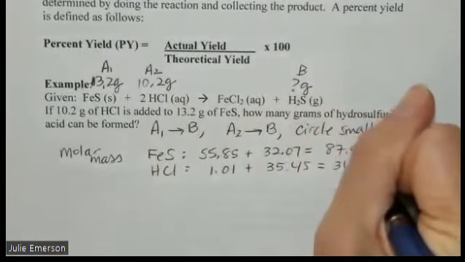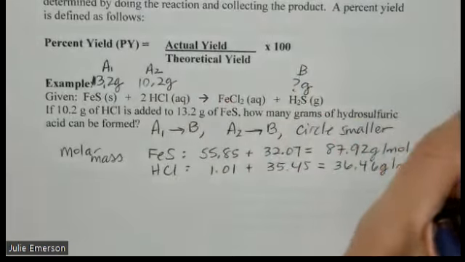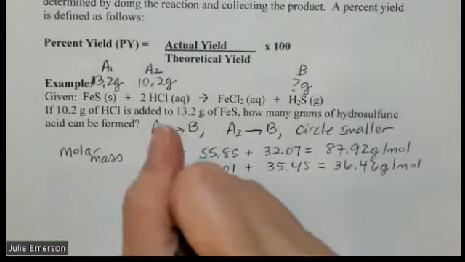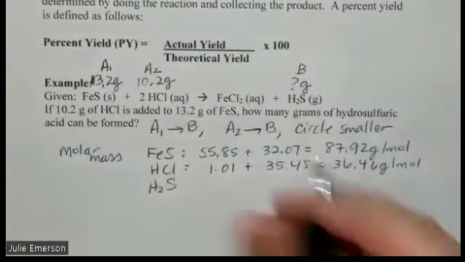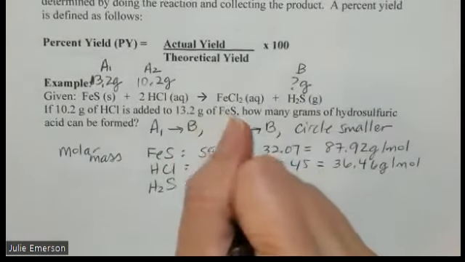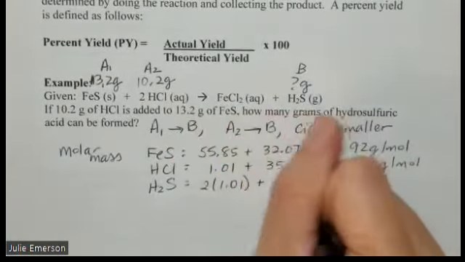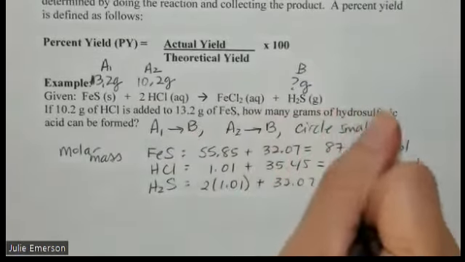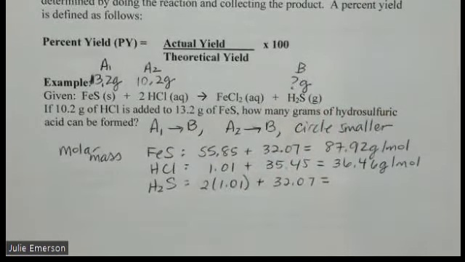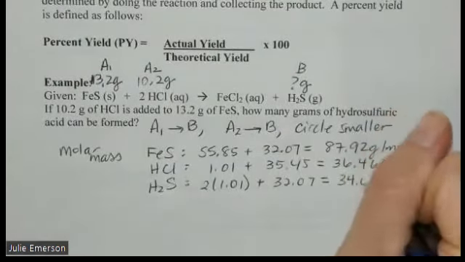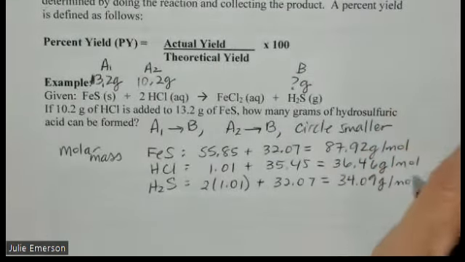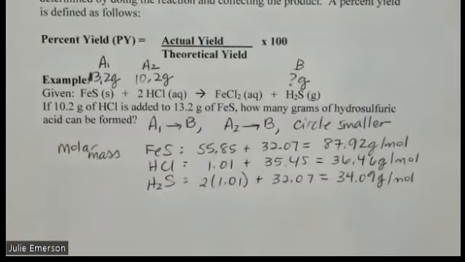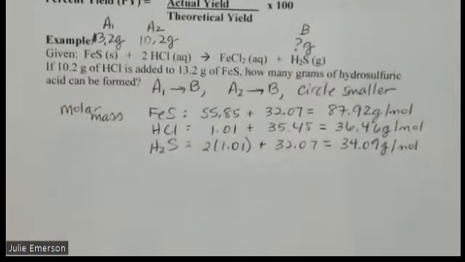So this one is 36.46 grams per mole. And then the last one, the dihydrogen sulfide or hydrosulfuric acid, the two hydrogens 1.01 apiece, and the sulfur 32.07. And the answer I get there is 34.09. All right, so I got all my molar masses that I need to do all my calculations, so that's good.